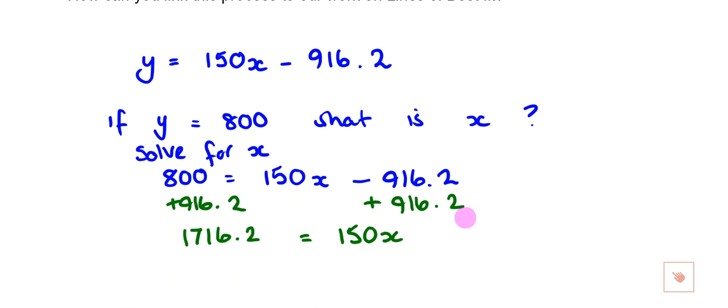Because it cancels out the negative, subtracting 916. So I added that because it cancels out, like Matthew says, and leaves me with, well, I have done something to x.